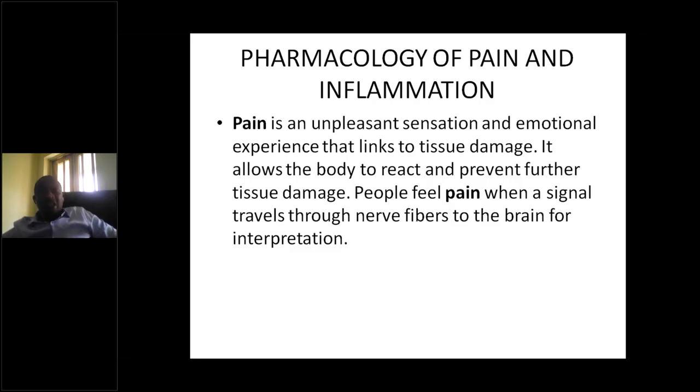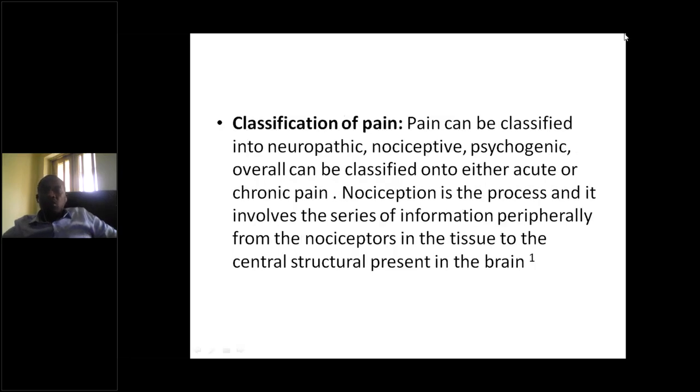As the brain interprets, the body is instructed to take an action, mostly a contrary action like escape, or removal from that point of injury. Pains are classified into different classifications, but we're going to focus on two.